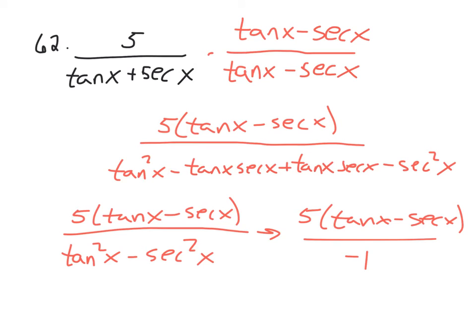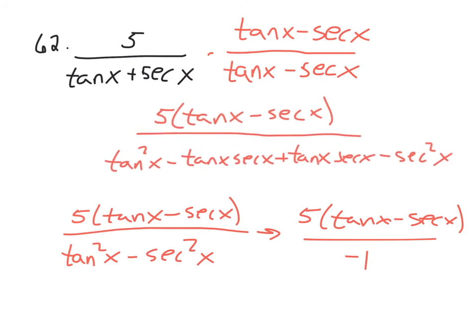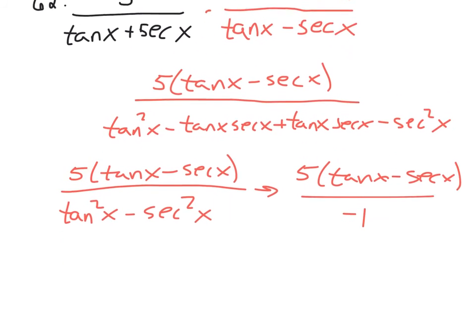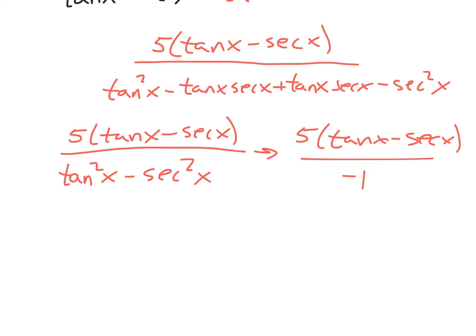And then, to make it look even prettier, we can write this as just -5 times tangent minus secant. So my first guess was right, luckily, but that is just from experience knowing that's something that would happen. So you're going to have to play around with some of this stuff.